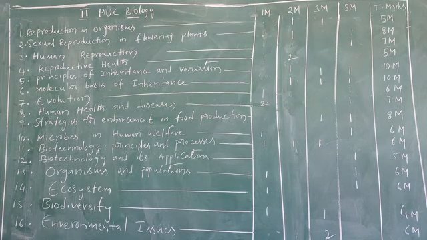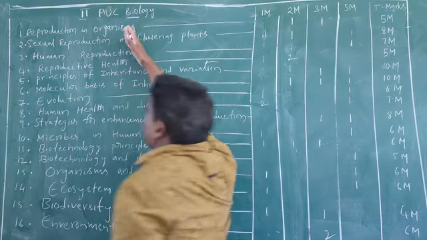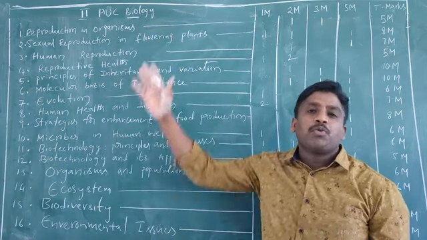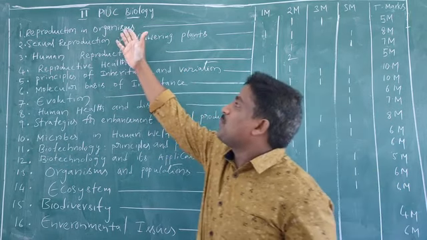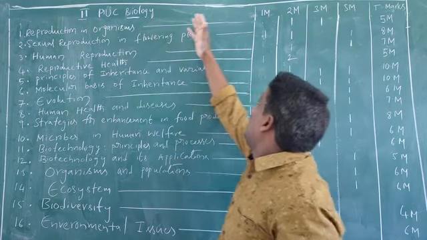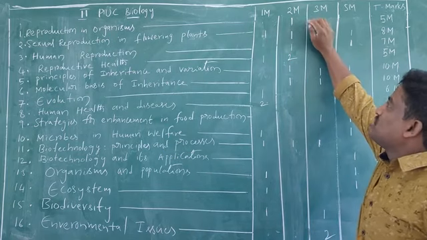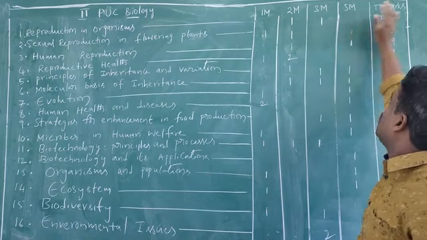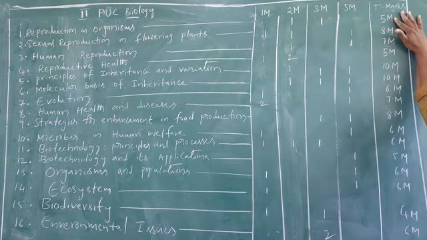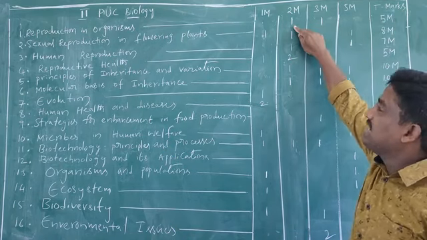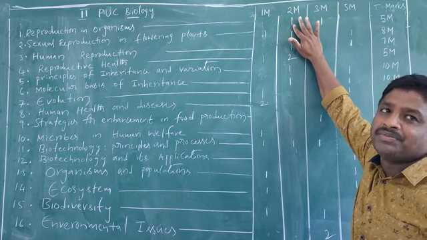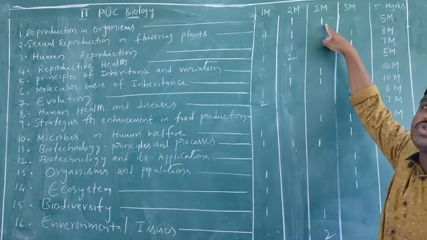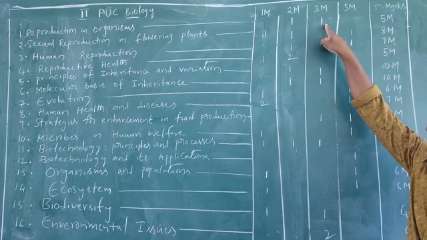So from this, first of all you can see reproduction in organisms. In reproduction in organisms, from the final examination a total of 5 marks of weightage will come here. From this you can see 2 marks question, 1 question will come and 3 marks question, 1 question will come.